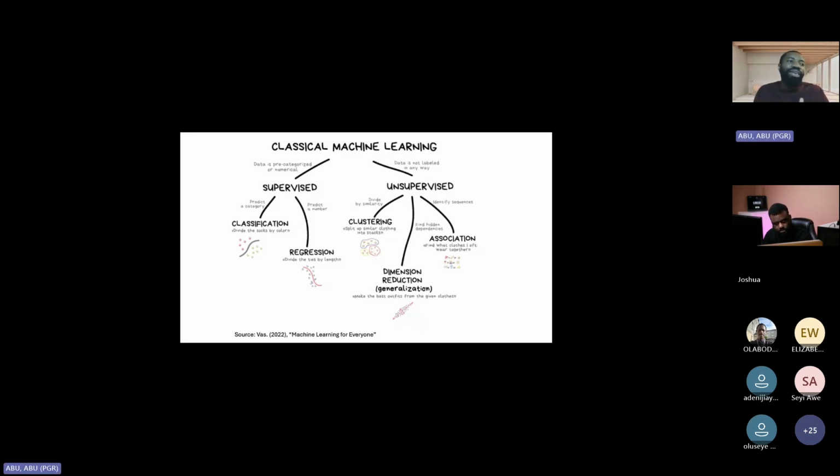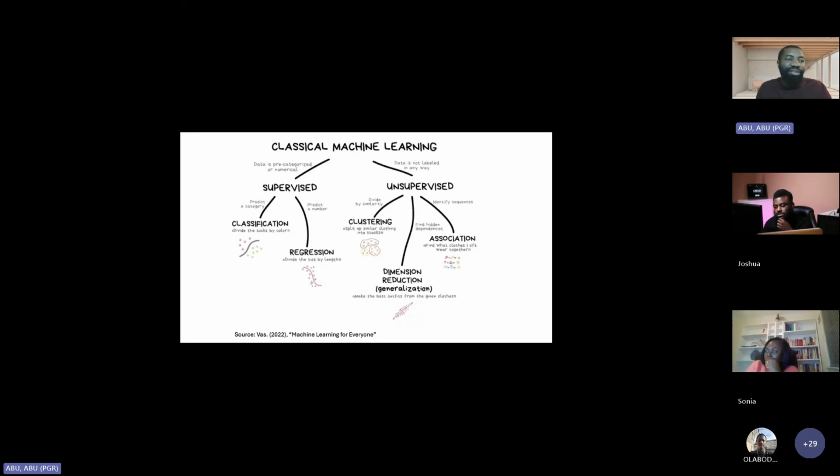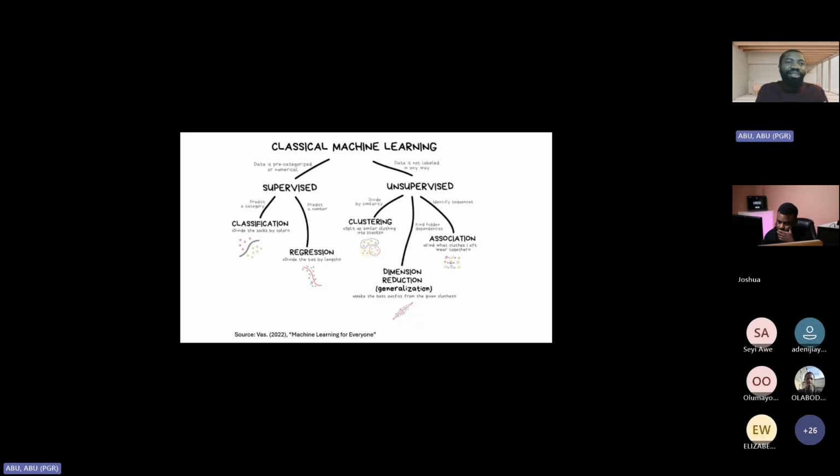So you're now trying to classify what are the features that would make me call this one an apple? What are the features that will make me call this one a pear, for example? And you're teaching the machine, right, to be able to do that classification. And you can also evaluate how well the machine is able to classify those examples that I've given to it. So you're teaching it explicitly, giving it the inputs and the outputs, and telling it this belongs to this class, this belongs to this other class.